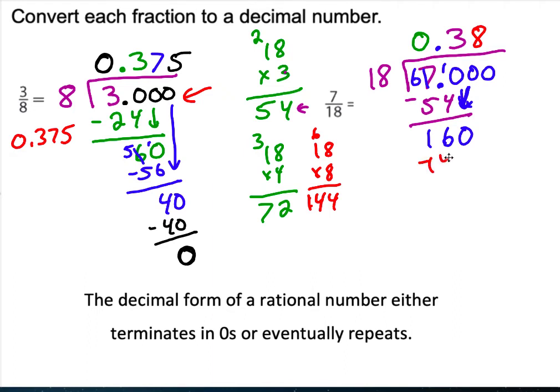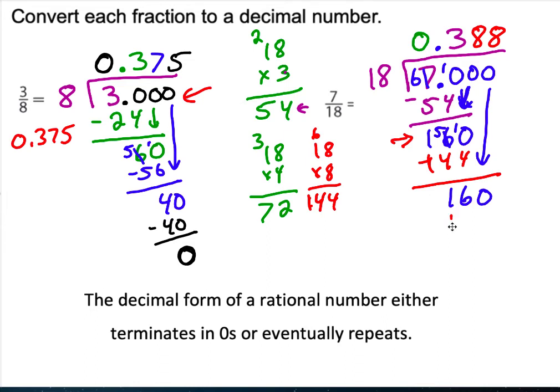I subtract, and I get 16, bring down another 0. So how many times does 18 go into 160? Well, I just did that right here, and it goes in 8 times.